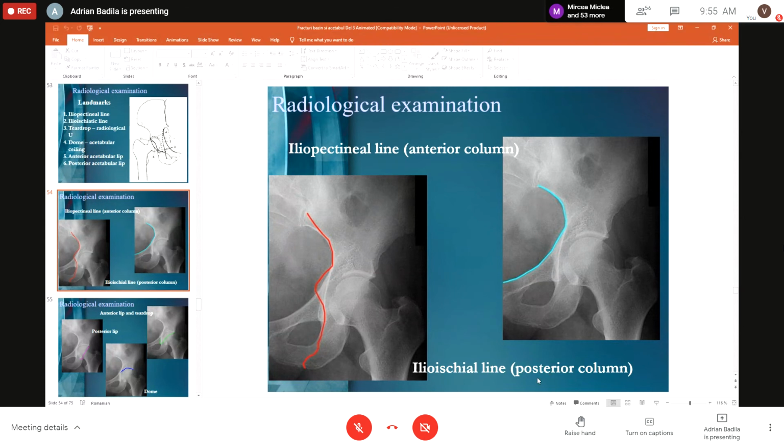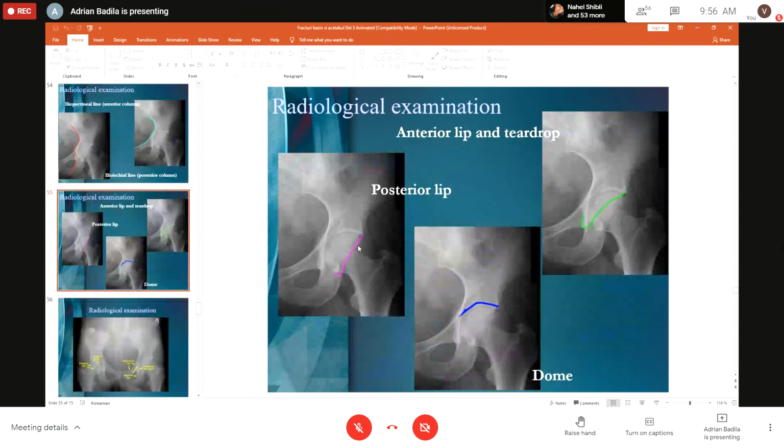And if we have a fracture of the posterior column, this ilioischial line will be interrupted. The anterior lip of the acetabulum, here in green, will be interrupted if we have a fracture of the anterior wall. Here is the radiological U or the teardrop.